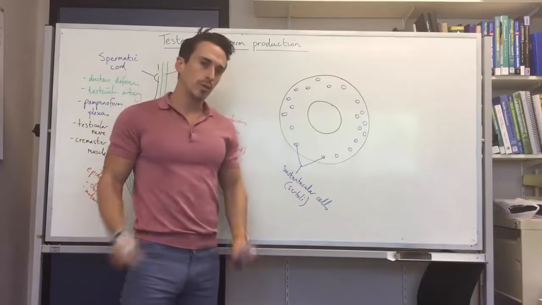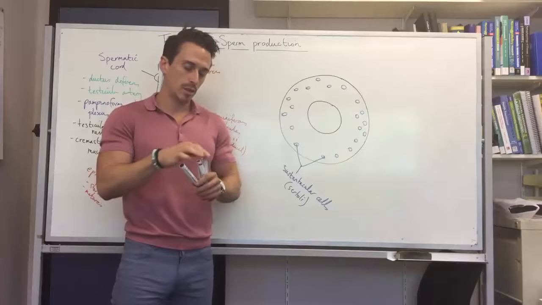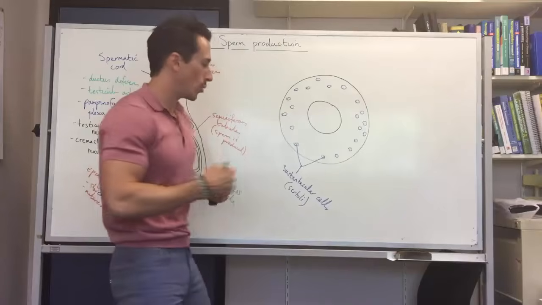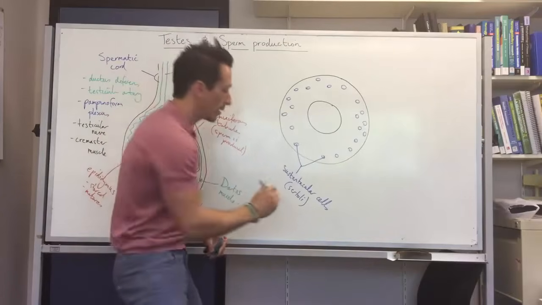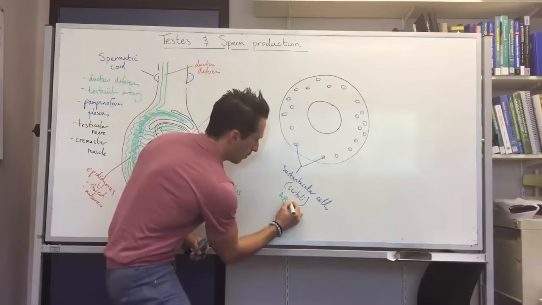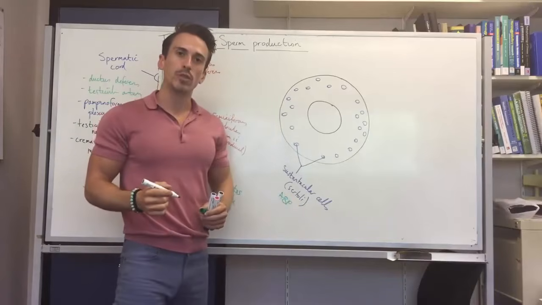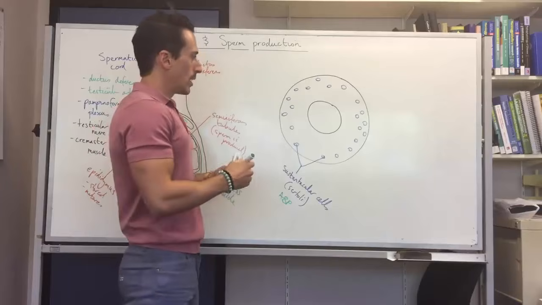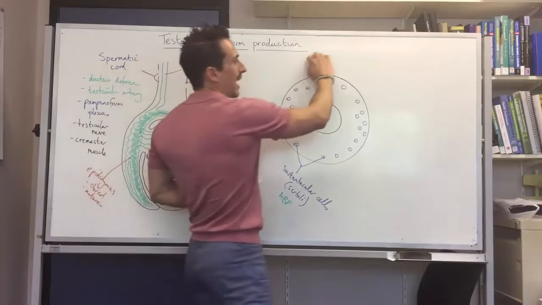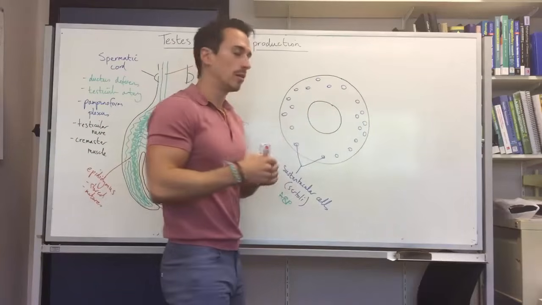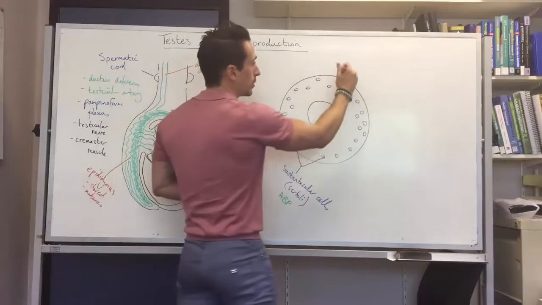Okay, what's the importance of Sertoli cells? They produce a very important hormone called ABP, and we'll talk about that in a sec. ABP, androgen binding protein.